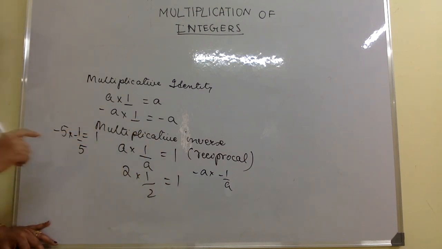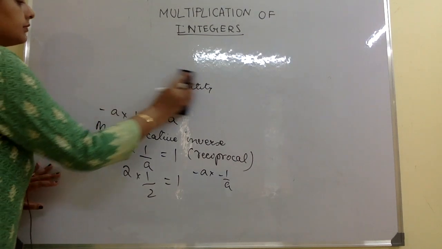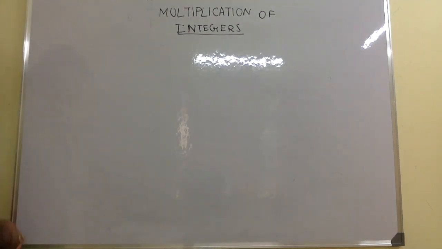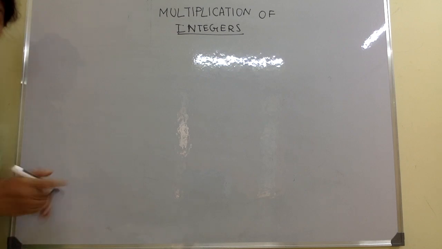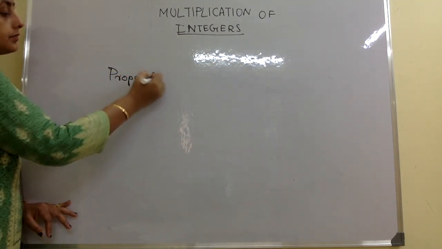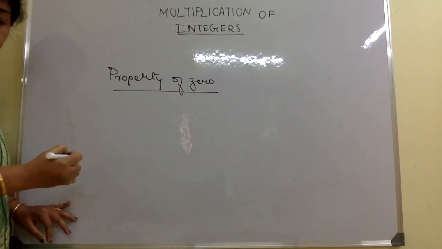Now let's do the last one, which is the last property of integers, that is the property of 0. Nothing much, but it says property of 0. Now what is that?